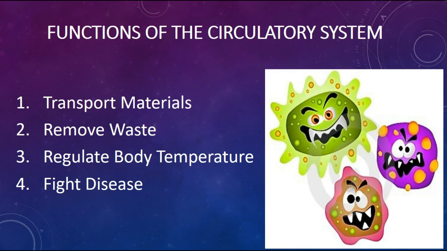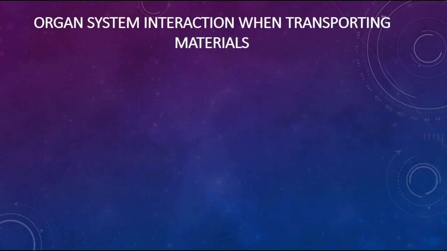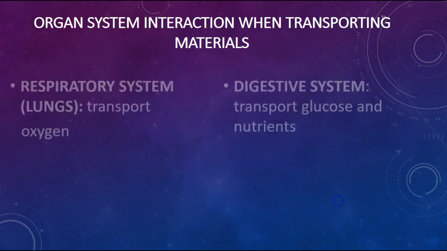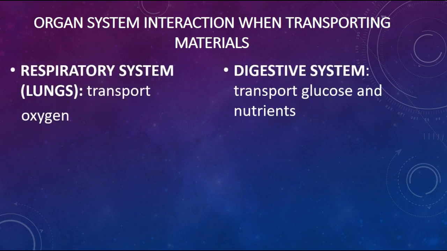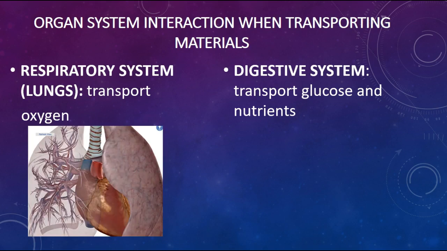Now let's take a closer look at some of these functions and see what organ systems the circulatory system works with. When transporting materials throughout the body, the circulatory system is working with the lungs in the respiratory system and also the digestive system.